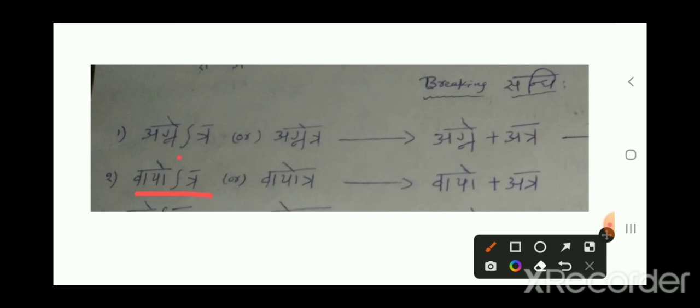Vayotra: A is dropped off here, so don't consider A. What is the preceding vowel? O. O is at the end of the padam. So Vayo plus A, which is dropped off, so Atra. Vayotra means Vayo plus Atra. That's it.